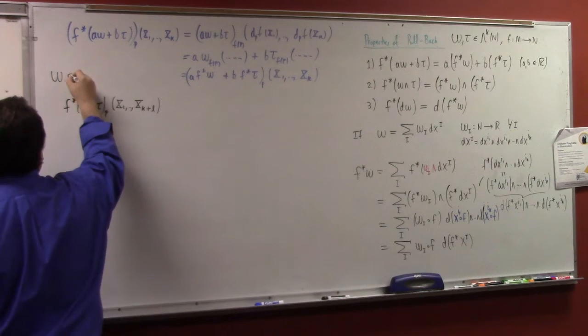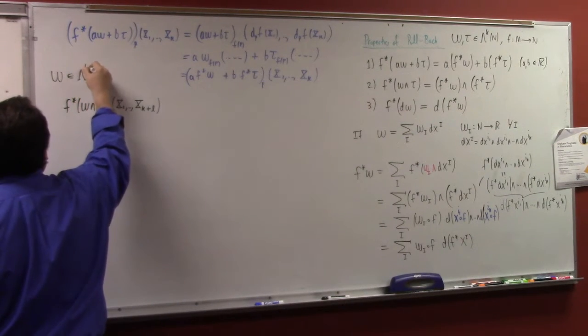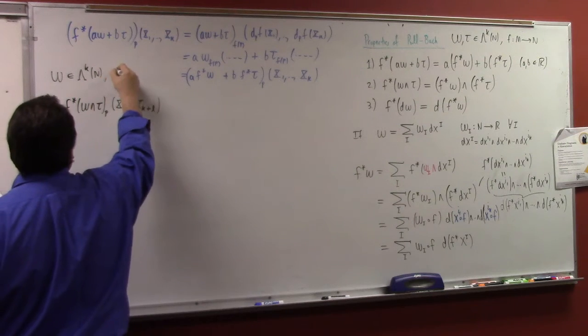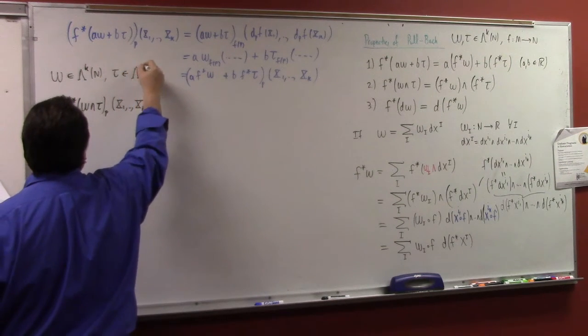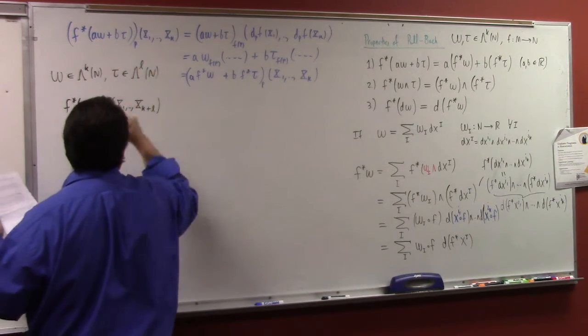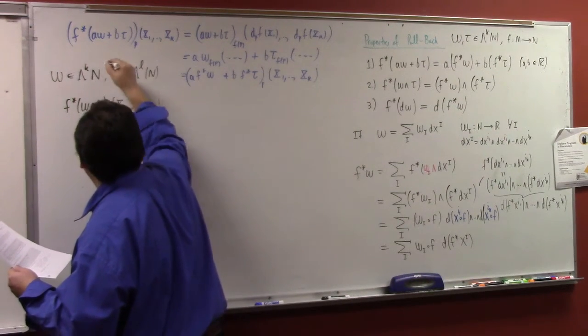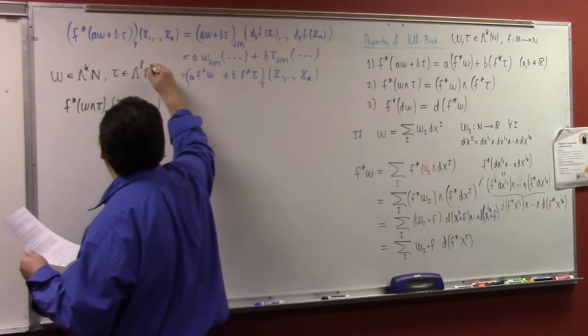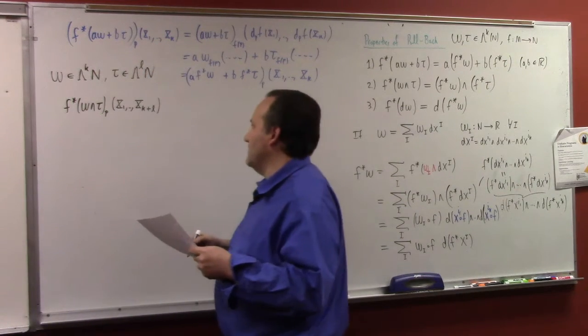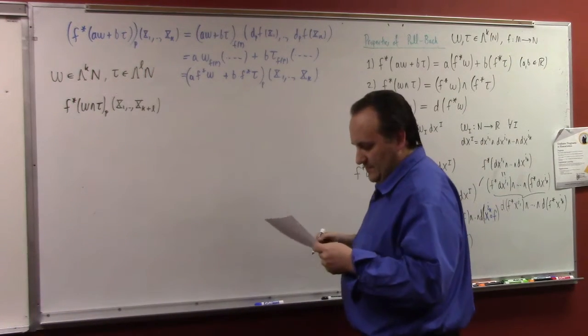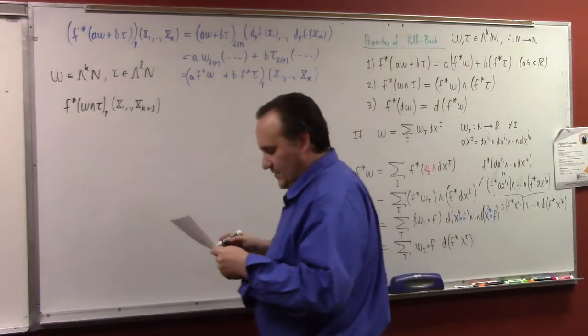Yeah, omega's a K form on N, and tau is an L form on N. I don't know why I'm putting these parentheses in. We've got enough parentheses floating around already. I have a bad habit of inventing parentheses where they don't need to be.